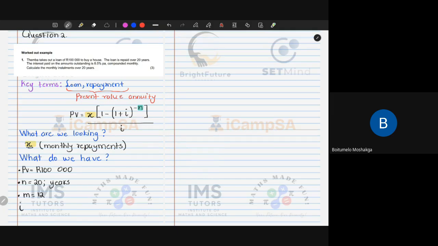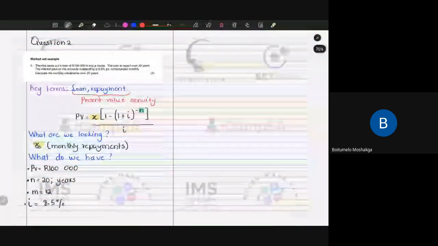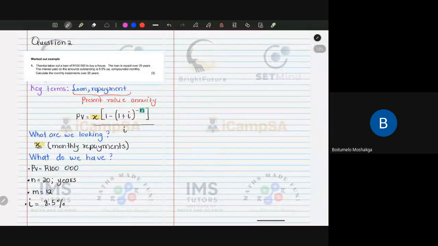On point, we have the interest rate, which is given to be 8.5%. So all that is left here, guys, is to go and plug and play. We know what we are given, we know what we have, we know what we are looking for. So let's go and plug into our formula. Present value is 100,000.